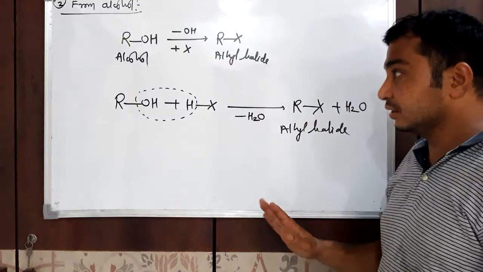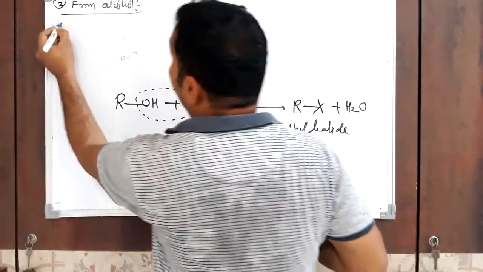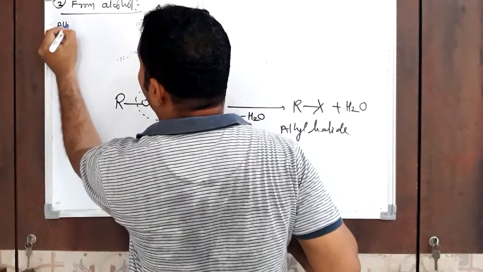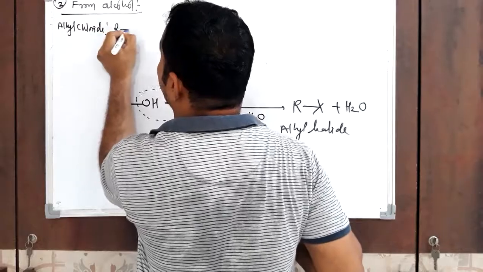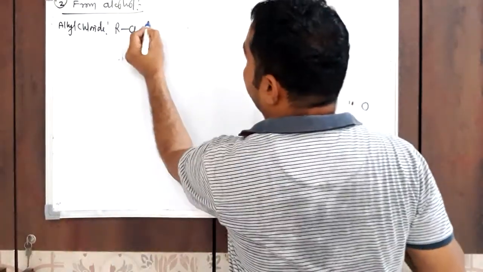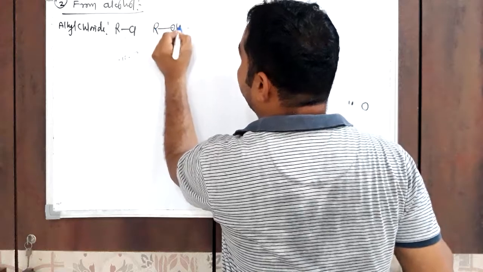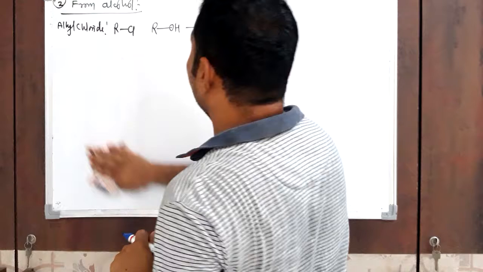Now first, suppose we want to prepare alkyl chloride. Alkyl chloride means RCl, from ROH. What do we have to do?